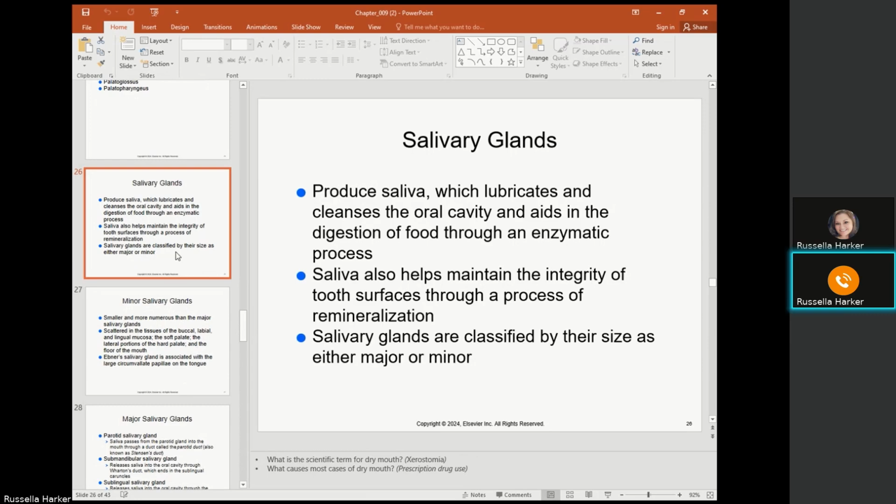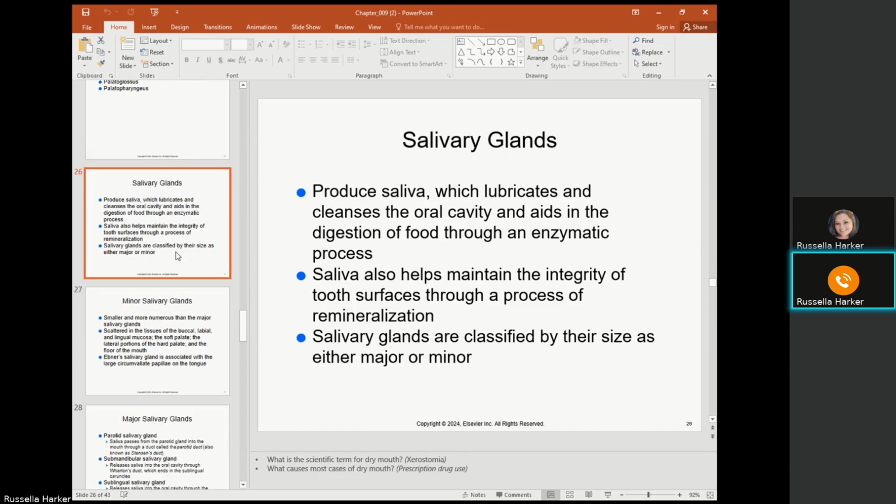When the saliva enters the mouth, the teeth are remineralized through the calcium and phosphate that's in the saliva, and the teeth become stronger again. But then as you put something else to eat or drink in your mouth, they become demineralized again. So the teeth are constantly in a state of demineralization and remineralization. So it's important to have saliva in the mouth for the remineralization of your teeth.